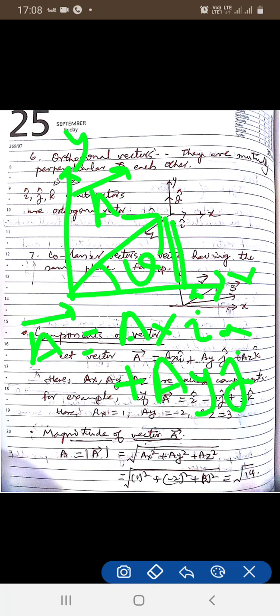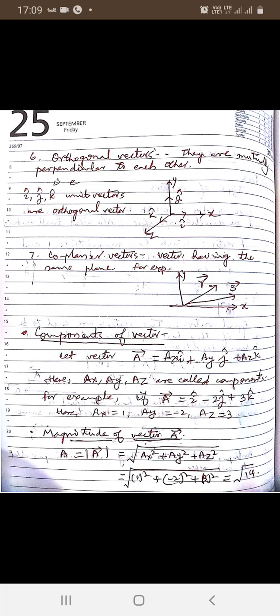And the magnitude of vector A, as written here, is equal to under root ax square plus ay square plus az square, that is, the square of the coefficient of i cap plus the square of the coefficient of j cap, that is ay, plus the square of the coefficient of k cap. So, this formula for finding the mod of vector A is very important, remember.